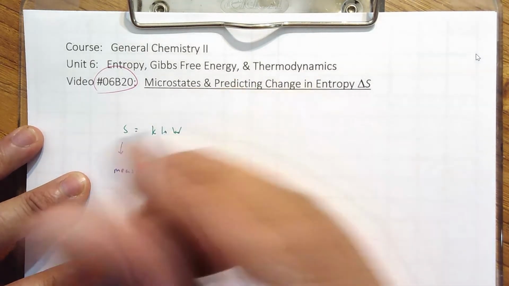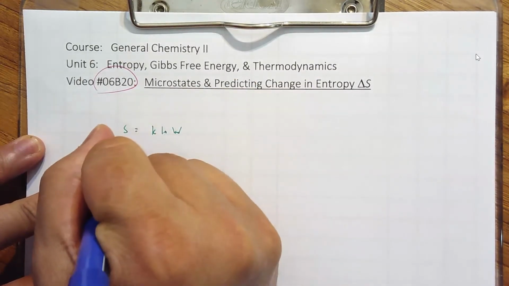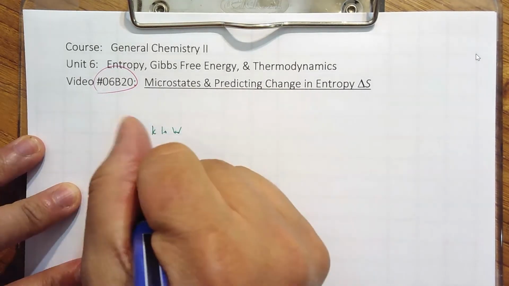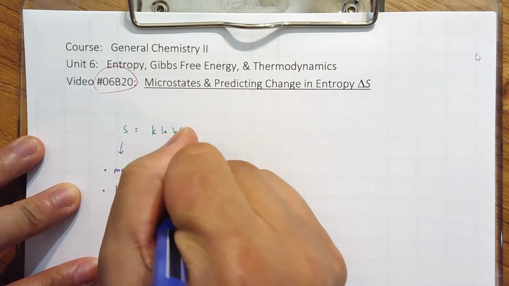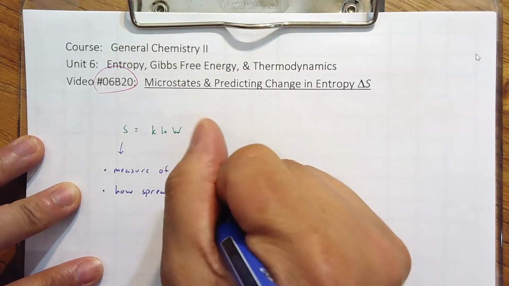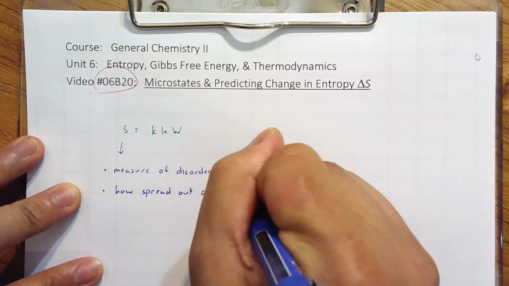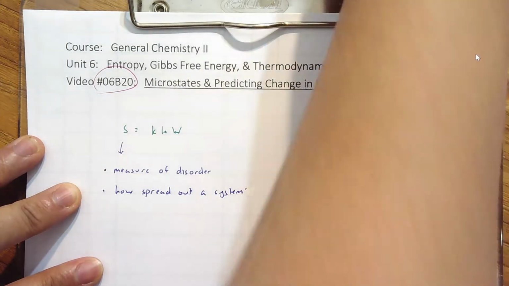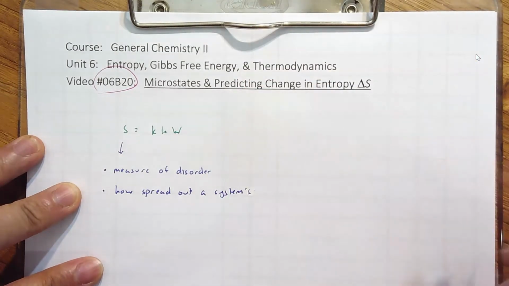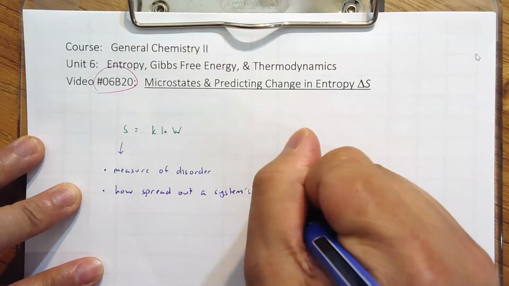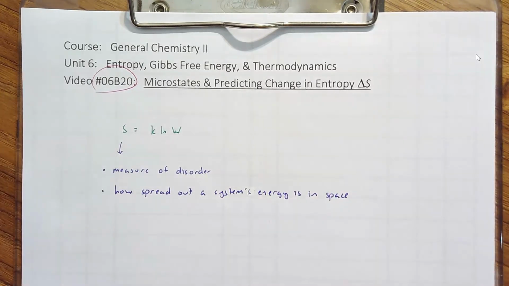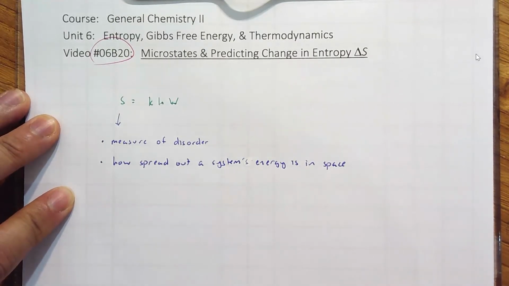The technical definition is a measure of how spread out a system's energy is in space. And that actually is going to help us a lot in the discussion and the example I'm about to show.